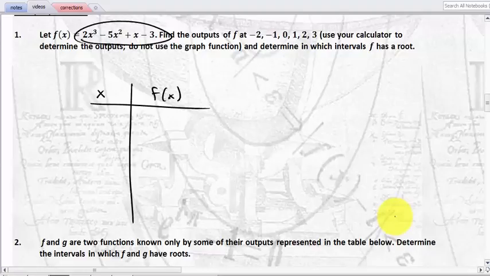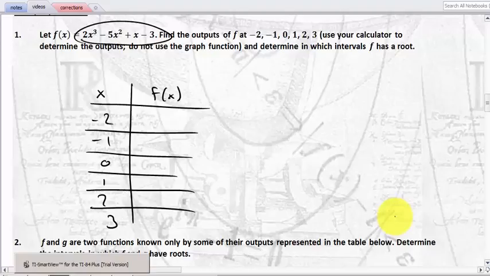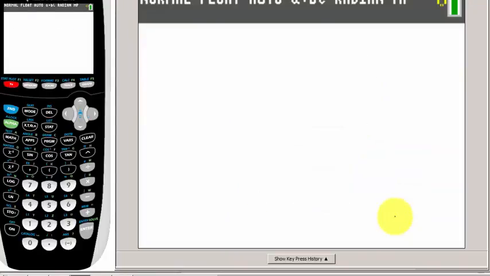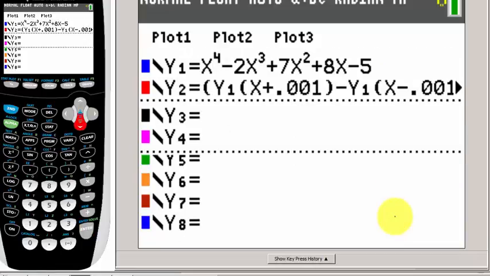I'm going to plug that in my calculator, which I already did, and I want the output at -2, -1, 0, 1, 2, and 3. And I want you to tell me in which interval you can find a 0 of the function. I've plugged this function into y3 right here. So let me not plot that in my table, but on the other hand, I do want to see y3.